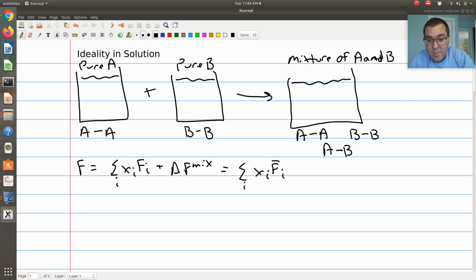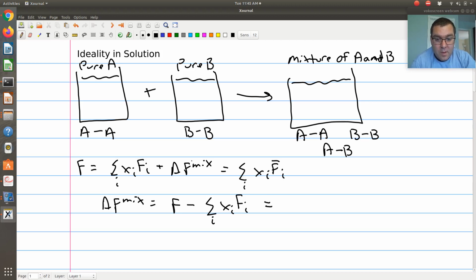So delta f of mixing then is equal to f minus the sum over i of x_i f_i. So it's the difference in my molar f of my final mixture relative to the molar average of the pure component f's of those systems I'm mixing together.